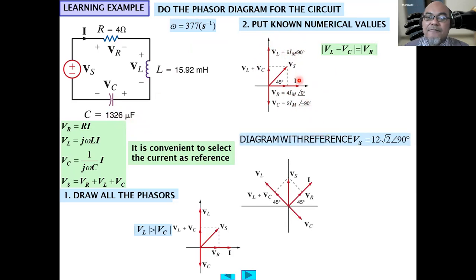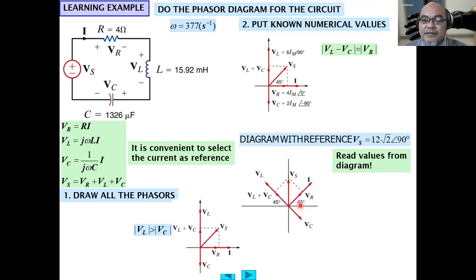So VL here is larger than Vc. That is why the voltage is leading the current by 45 degrees. If we put the diagram with Vs as reference in the vertical way, then we can calculate Vs as 12 over square root of 2 with an angle of 90 degrees from the x-axis.